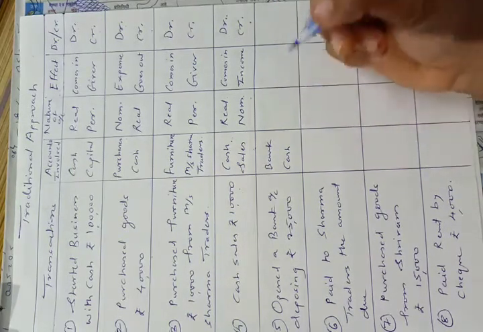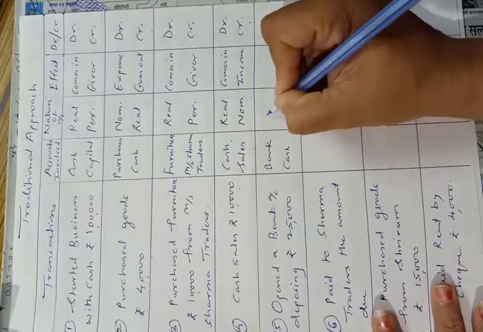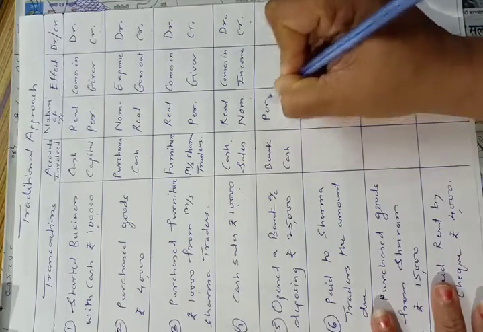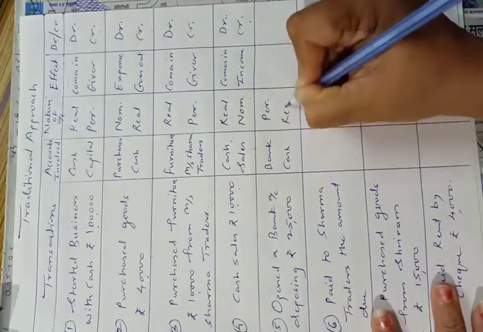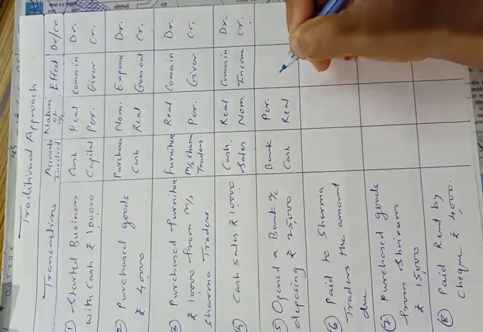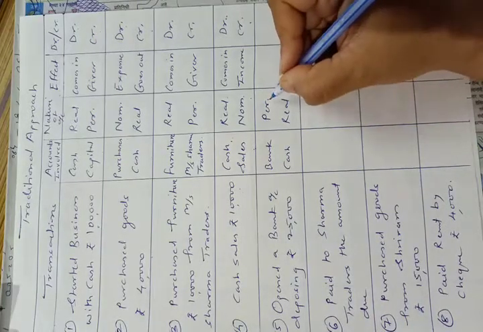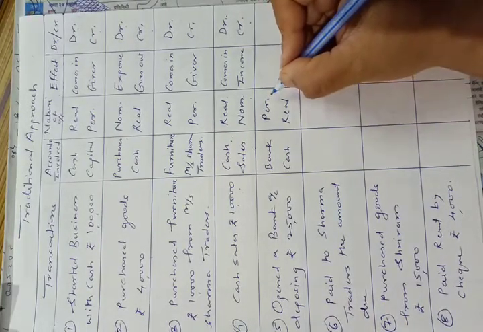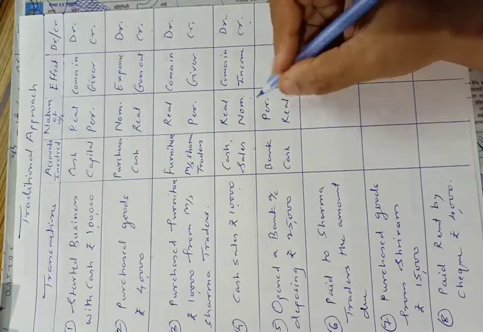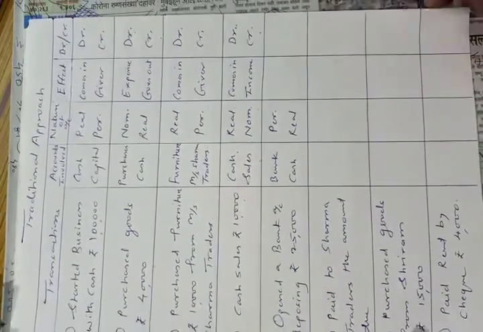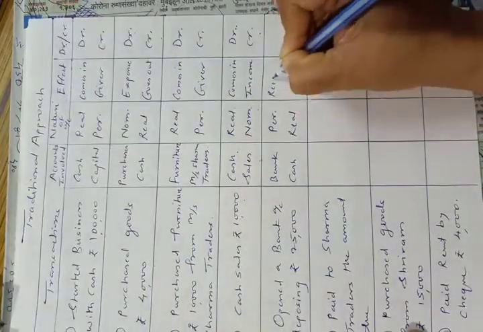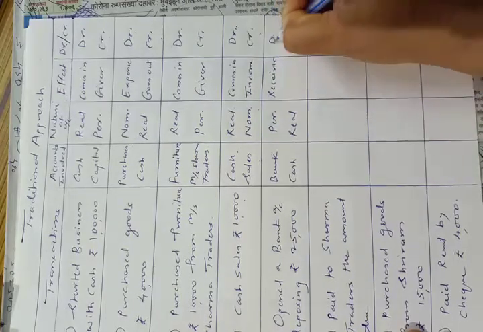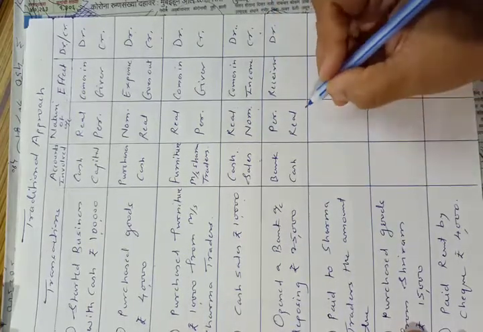So here we consider bank as an institution, so bank will be a personal account and cash will be a real account. Understood? So now follow the personal accounts rule: debit the receiver, credit the giver. And as we are opening a bank account, we are depositing cash into the bank, which means the bank is the receiver. So the rule says debit the receiver.